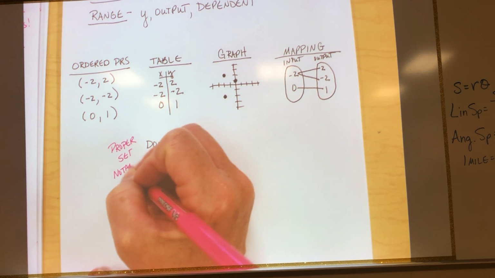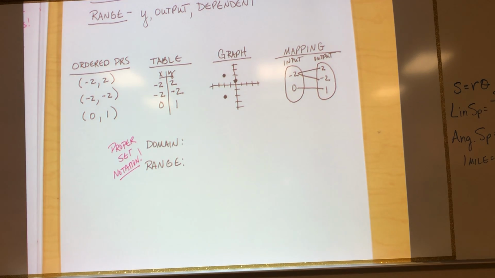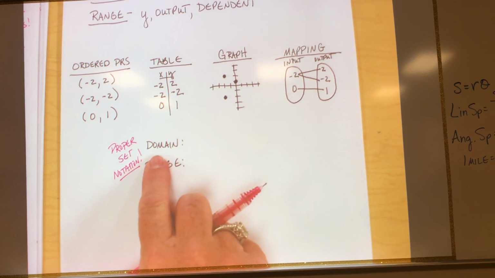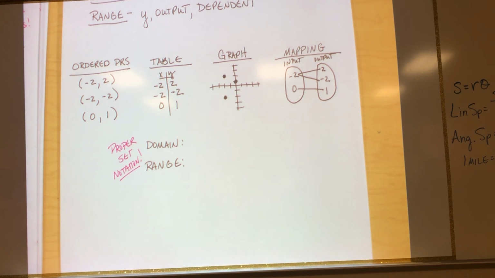Now, do you think I'm going to ask for it on that worksheet? I am. And if you don't put it in proper set notation, then it's going to cost you. I'm not going to tell you to, because I've already told you. If I'm asking for domain and range, I want it in proper set notation, okay? Not the worksheet that you have, but the one I'm going to give you next class, okay?